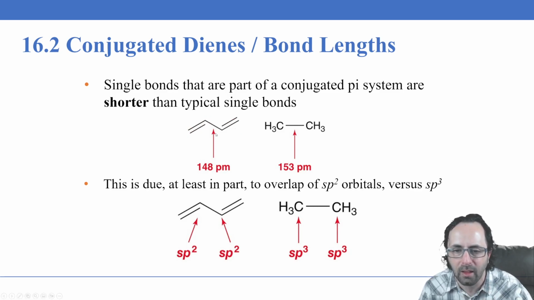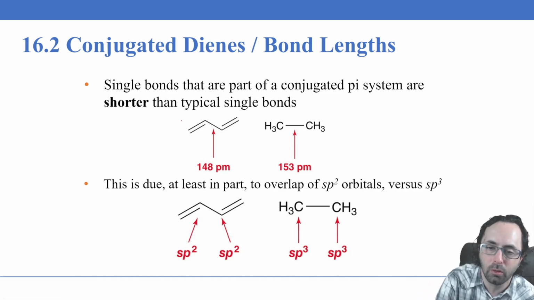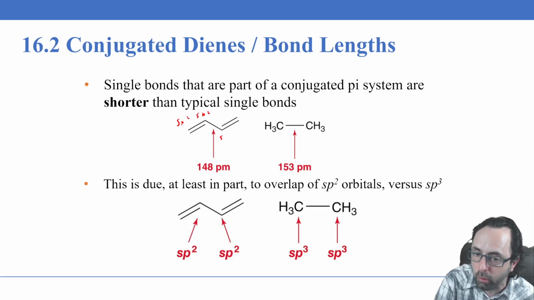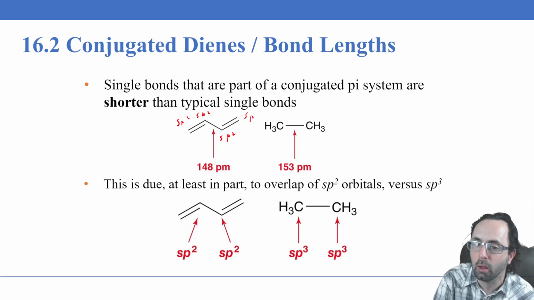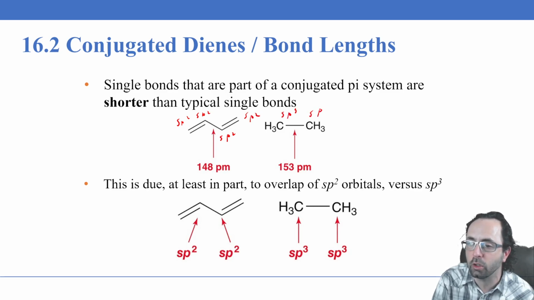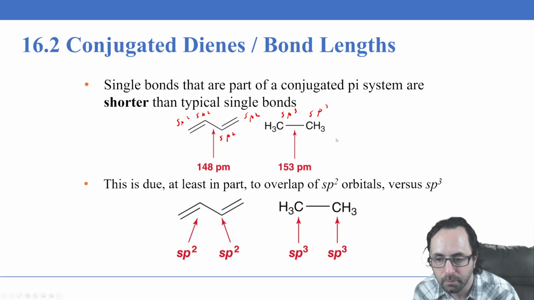So the result is that this bond is kind of like a 1.5 bond. It has a shorter bond length and a stronger bond strength. It's because all these carbons here are sp2 hybridized with sp2 orbitals, which are smaller too. That shortens the bond length. But these are both sp3 hybridized carbons with larger hybridized orbitals.